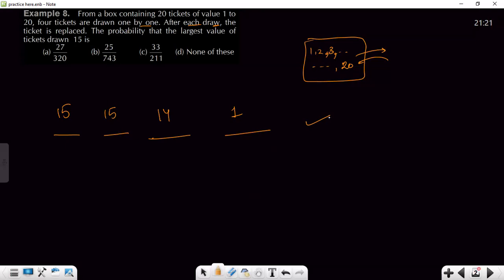This is one of the favorable outcomes. In this particular favorable event, 15 has to come at least once for sure, because the largest value of tickets drawn should be 15. Okay. So is that clear that 15 should come at least once?